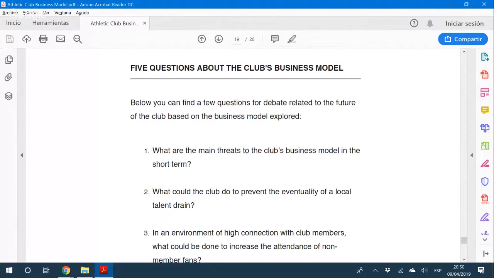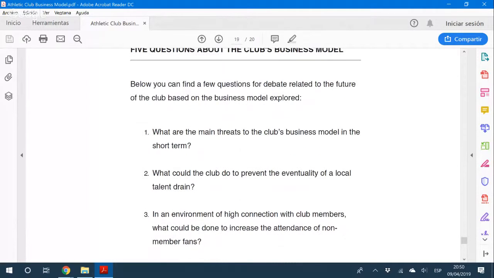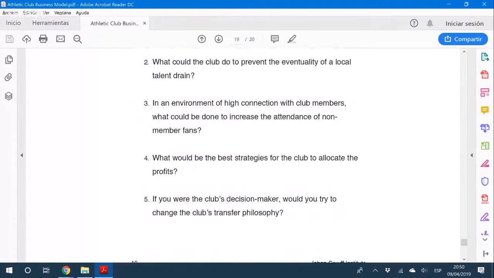According to the information expressed in this document, it will be good to see your reflections on that. The third question goes more from the point of view of the marketing area, and states that in an environment of high connection with club members, what could be done to increase attendance of non-member fans?